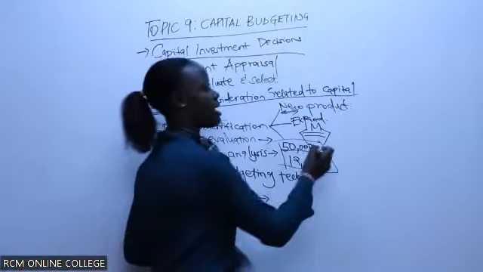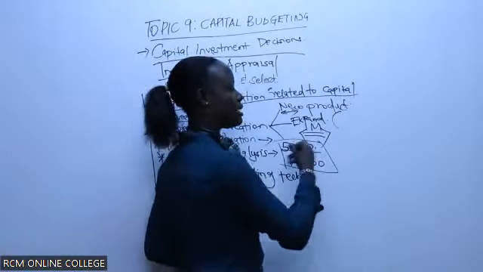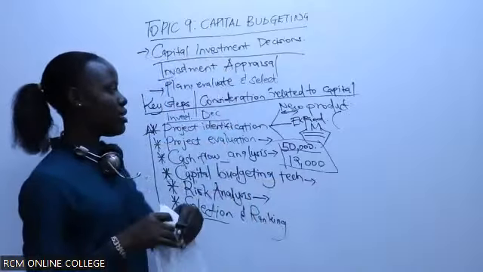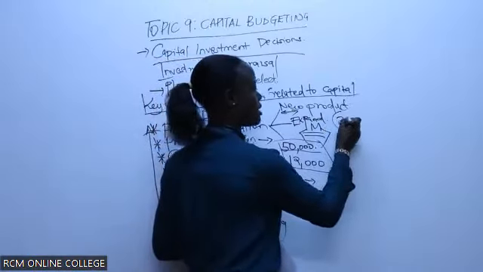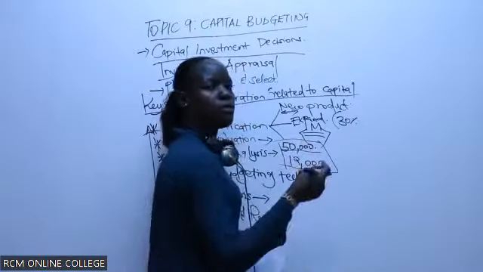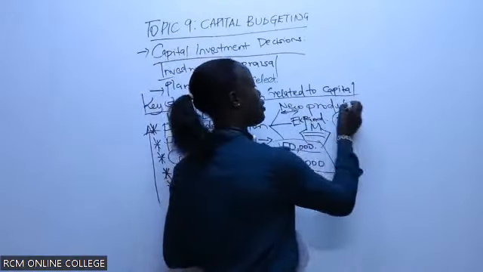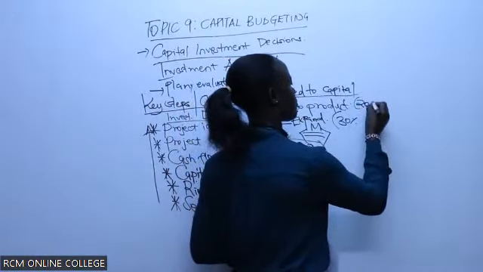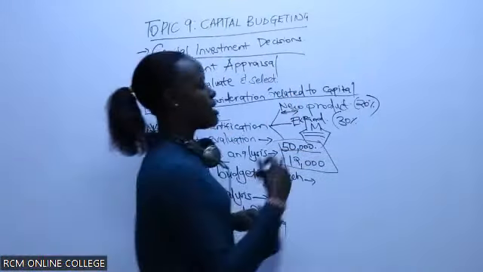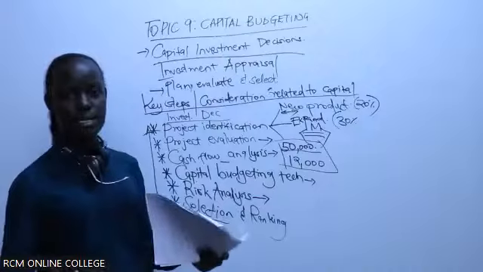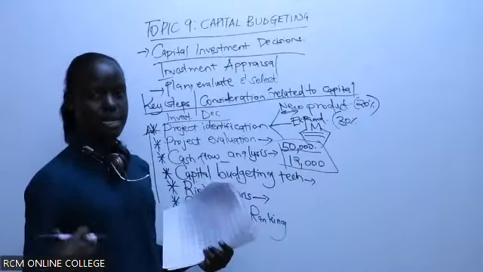Ranking, for instance, you say, if I venture into expanding my organization, this one will be the best. If it gives me a 30% profit, while on the other hand, the new product gives me 20%, then going by ranking, expanding my organization is the best investment that I should go by.